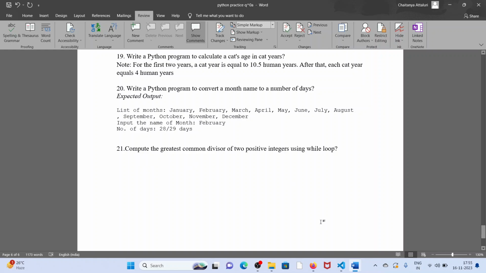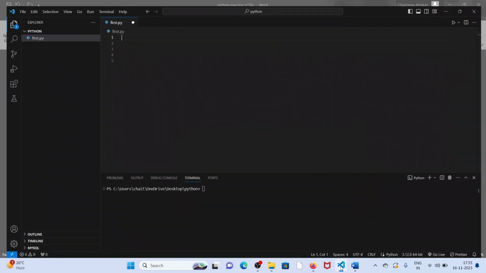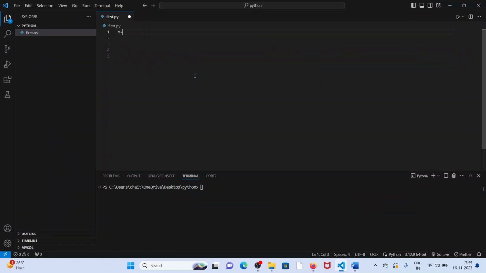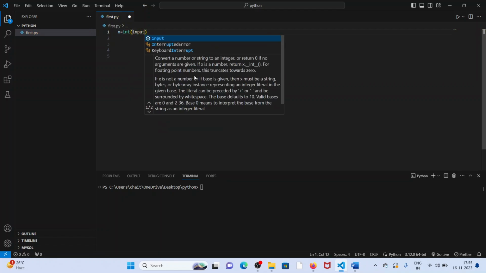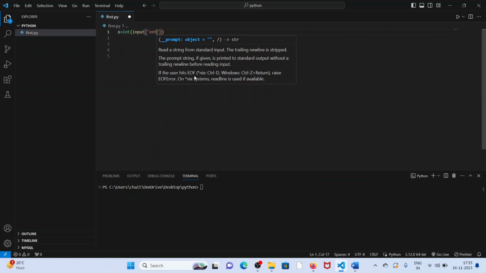Simple. First take the input from the keyboard. x is equal to int(input("Enter first number")).